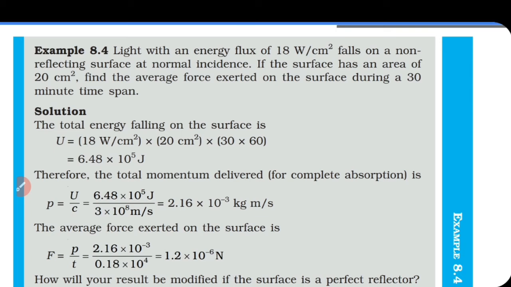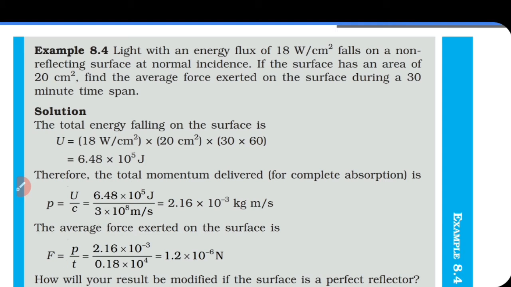So, to find the force exerted, first we have to find the momentum delivered. We know for complete absorption, the expression for momentum delivered is U by C, where U is the total energy striking the surface. So, first we need to find that total energy striking the surface.